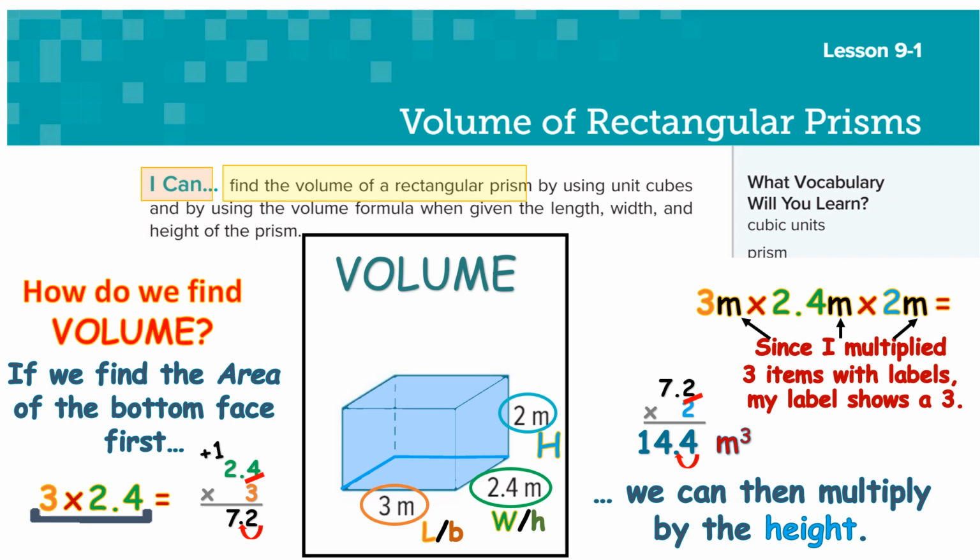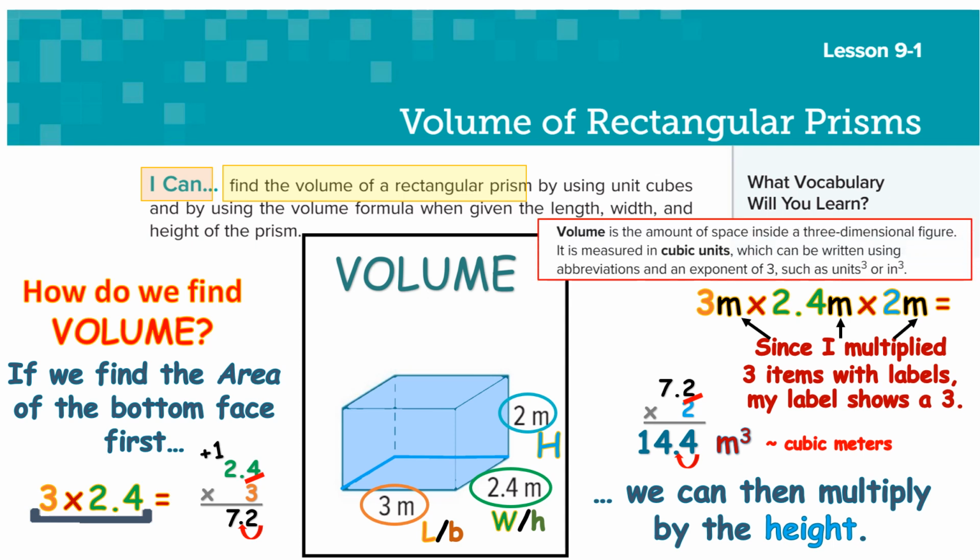So volume is always going to have that superscript, that raised 3, just like area has the superscript 2. So cubic meters is how we would say that, but we put the m with the floating 3, or the exponent of 3, because once again, that's telling me I multiplied m times m times m for the measurement of my unit.